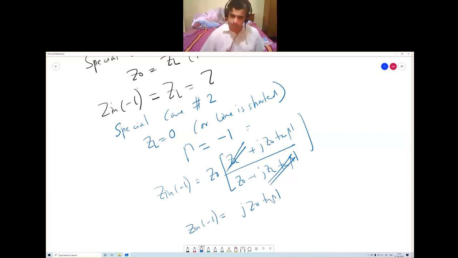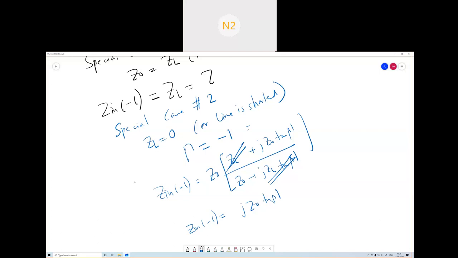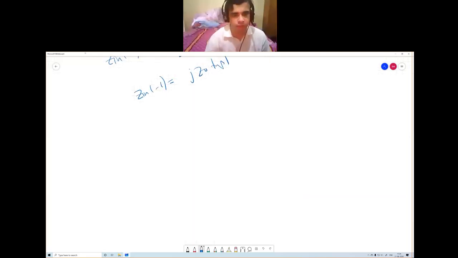Yes, sir. See, just draw the line. This is shorted now, so I am not drawing any more. Just shorting it. This point was Z equal to 0 from our assumption.